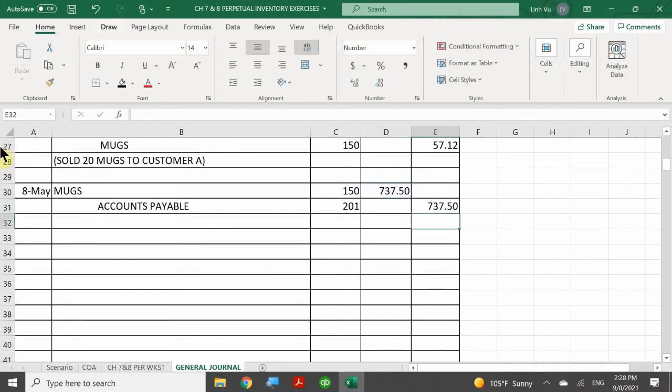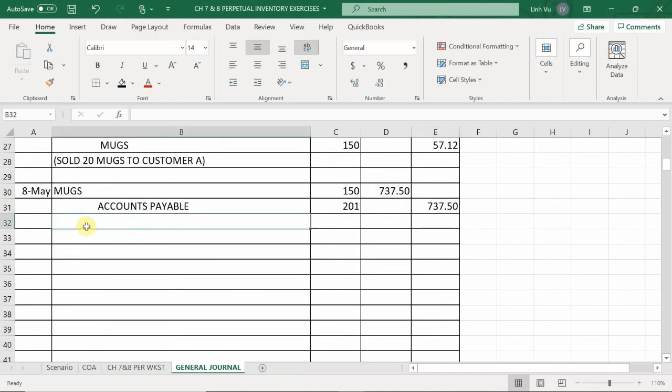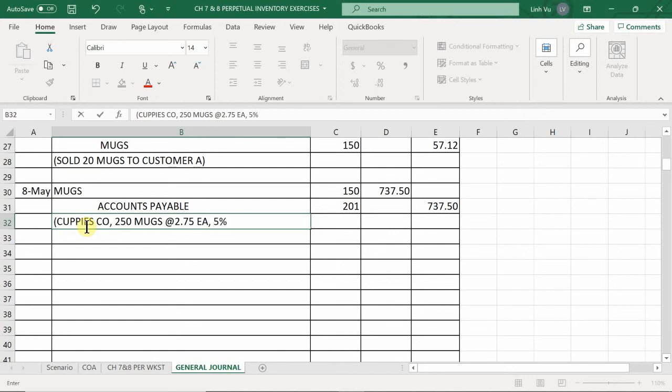Good. And here I'm also going to make a note that I purchased this from Cuppy's Co. and that I purchased 250 mugs at $2.75 each. It gave me a 5% discount if I pay within 15 days. If not, the whole thing is due in 30.